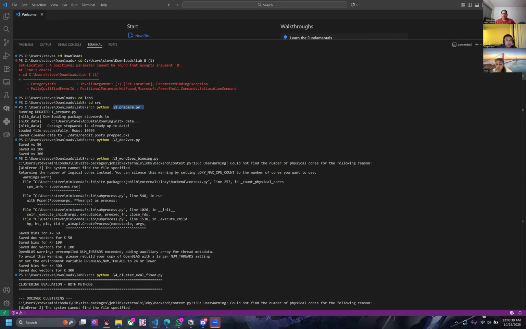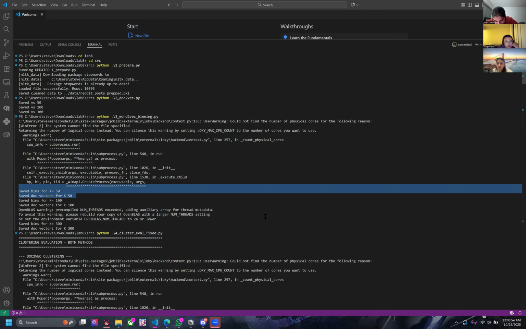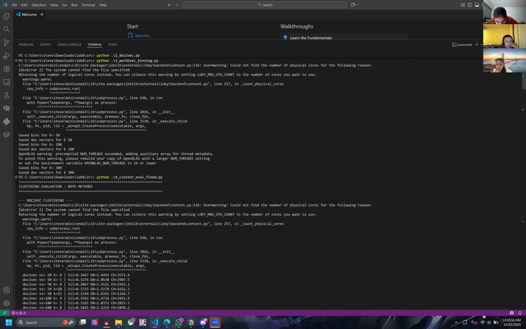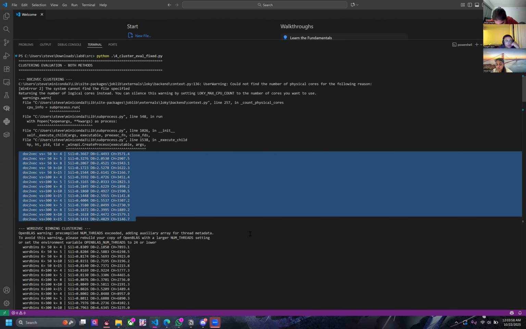And as you can see, we have all of the steps here. So we prepare our data, we download the stop words, basically the very usual stuff you would see in Lab 5. We run Doc2Vec, we run Word2Vec binning to save results for different cases, and we evaluate results.